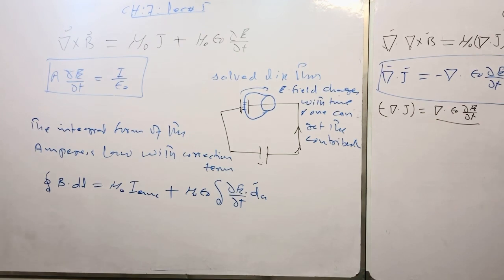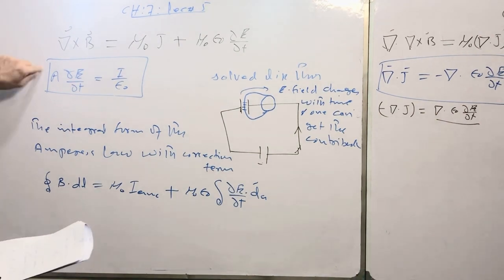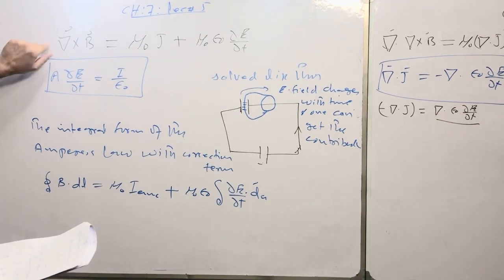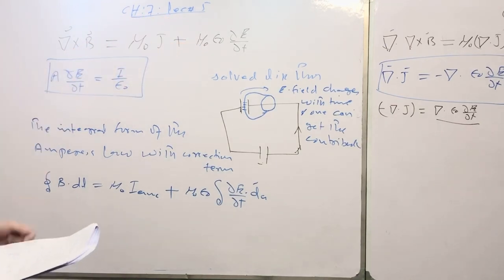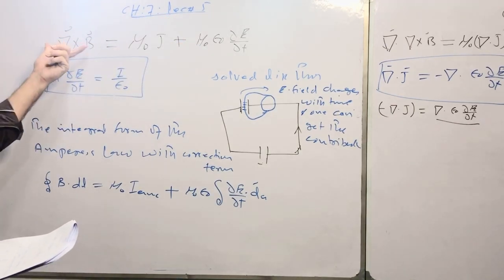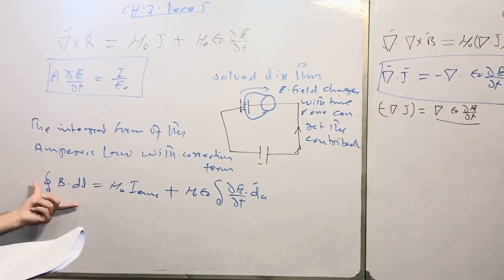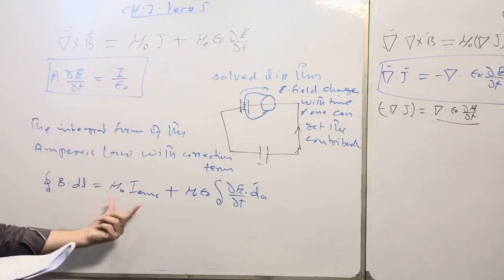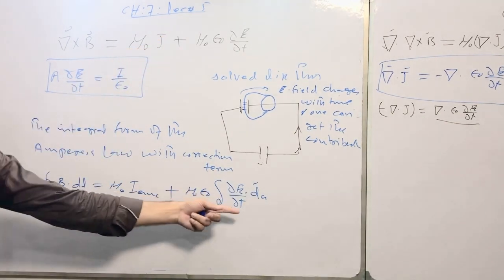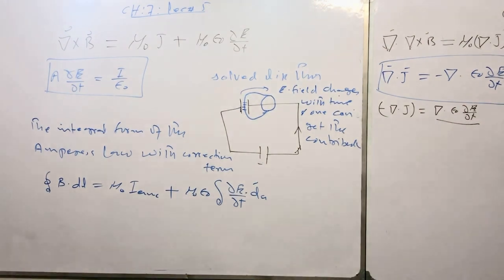So actually this is the integral form. If we take the integral of this, and after applying the Stokes theorem, we can get this, and from del dot dA we can get I, and this remains the same.